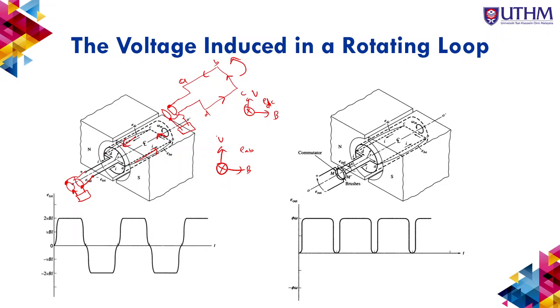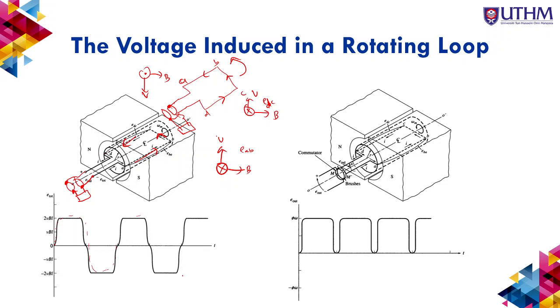The VBA over here will be positive, so it will go like this, and this will become the positive part. In total, it is like an AC; we will show you like an AC voltage.